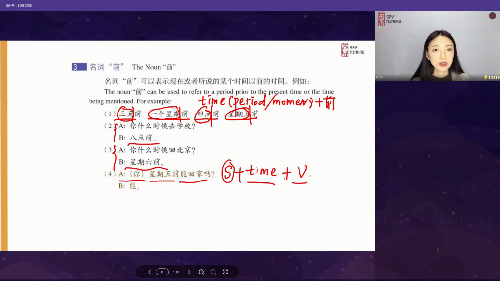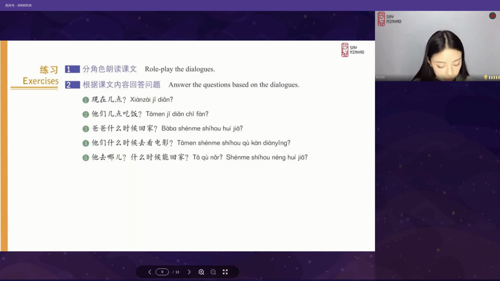This structure can also be transferred into another one. We can put this time word before the subject, right? So this sentence can be changed into 星期五前你能回家吗? This is 前, the noun 前. Okay, now let's move on.